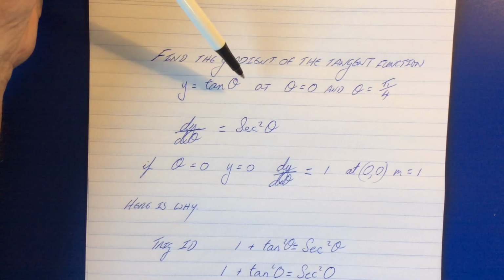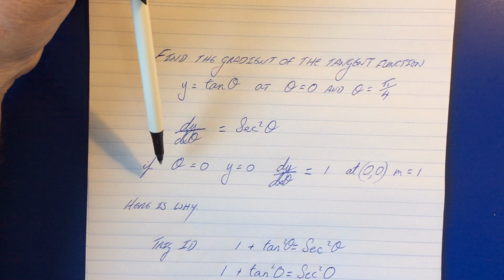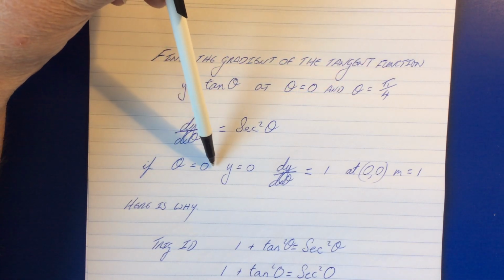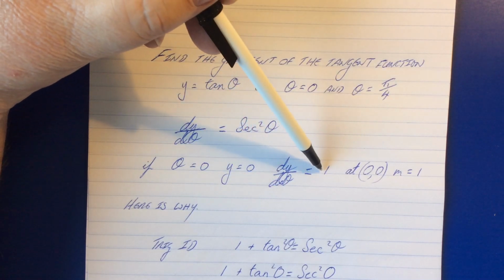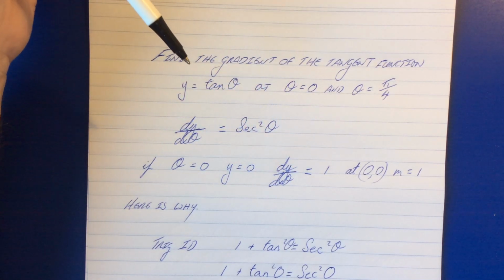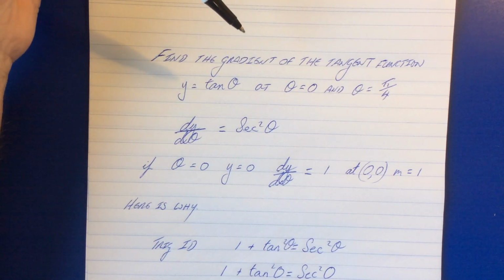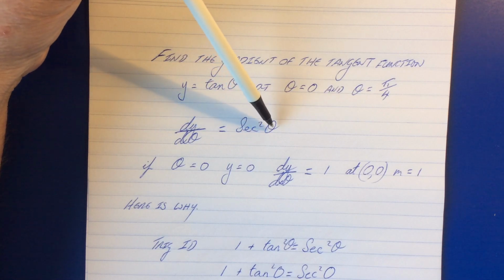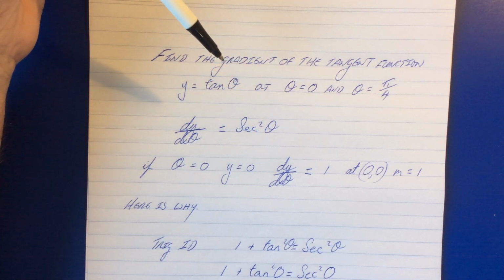I'm going to spoil the surprise and tell you the answer to the first one anyway. If theta equals 0, y equals 0, and dy d theta equals 1. And this is what had my student completely perplexed, because she put 0 here and for her trouble got 0.